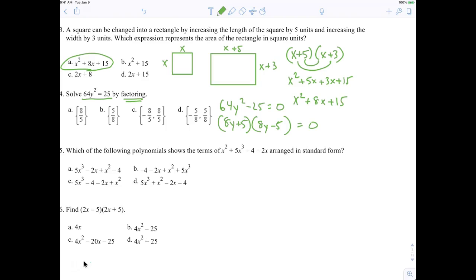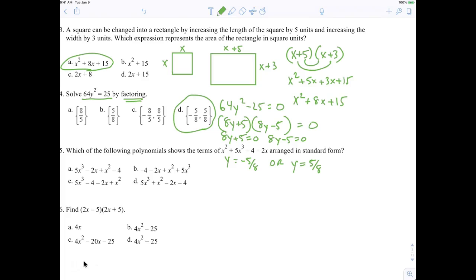Now you solve them individually. So 8y plus 5 equals 0, 8y minus 5 equals 0. So we say y is equal to negative 5/8, or y is equal to what? 5/8. So again, the correct answer there would be what? D. There's two solutions.